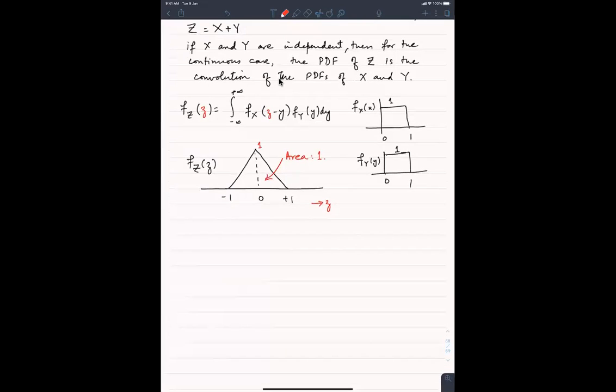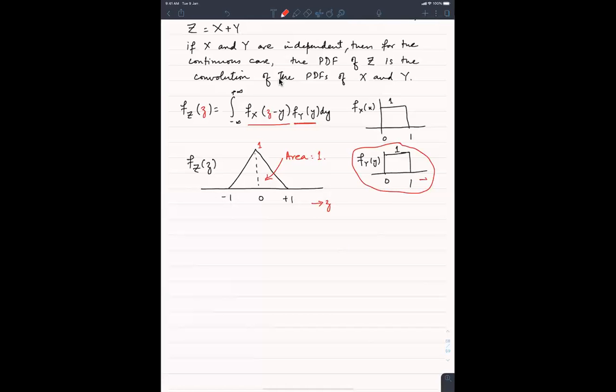The way we found this PDF was by considering the PDF of two uniform random variables. We said that fy of y is 1 only when y is between 0 and 1.